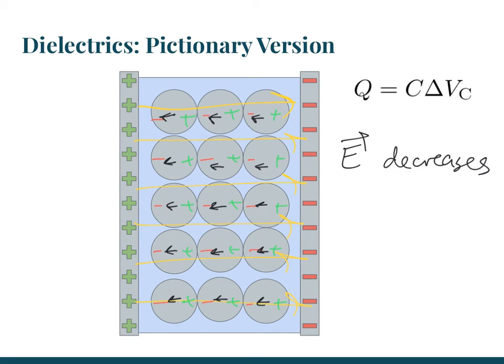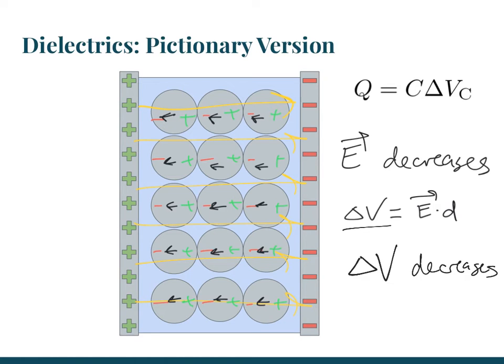Now we know that the voltage across a capacitor is equal to the electric field times the distance. So if we decrease the electric field, that potential also decreases. The potential difference decreases.